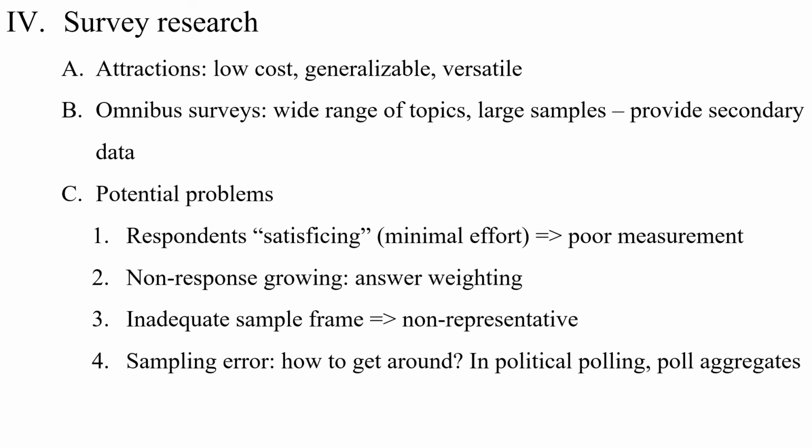Another problem is the inadequate sample frame. It produces non-representative results. So again, probability sampling means two things. You have a list of everyone in the population, which means everyone has an equal chance of being selected, so you can randomize, so you can reduce or eliminate bias.